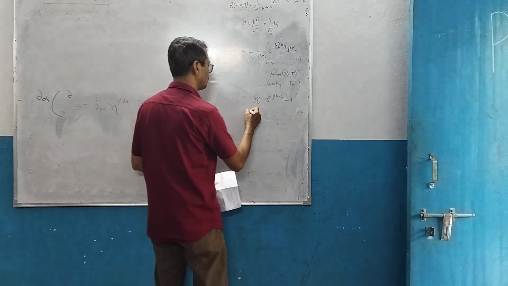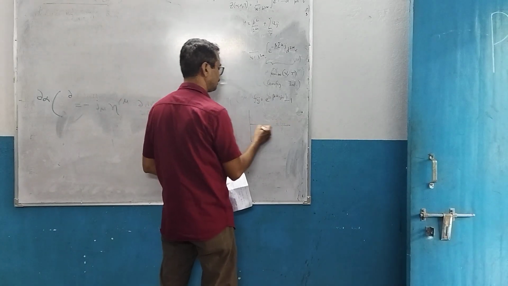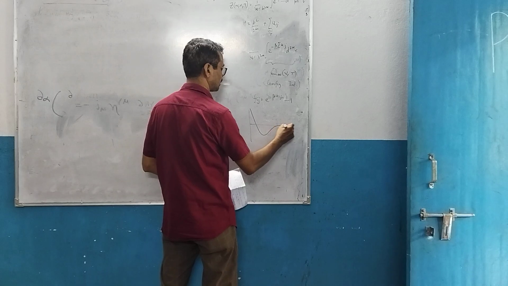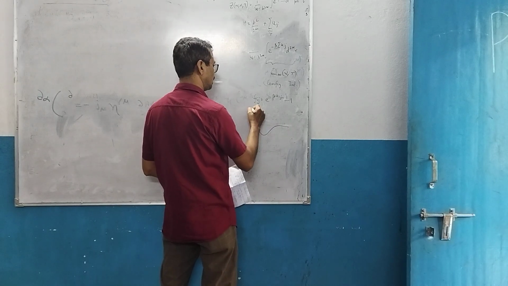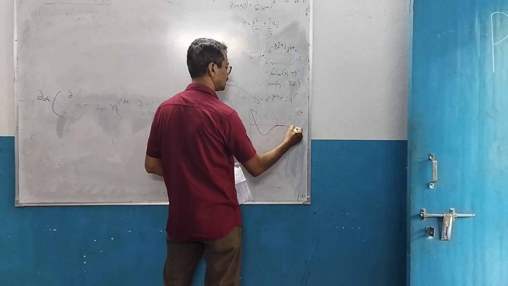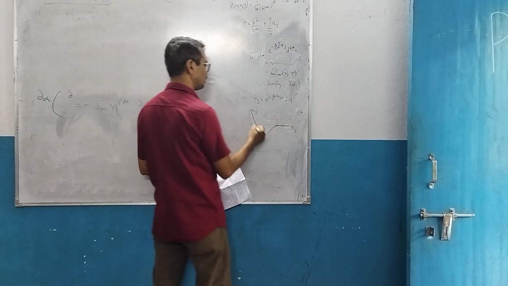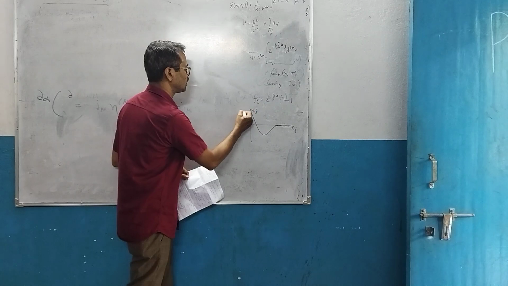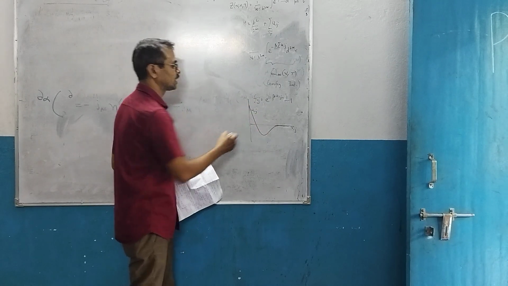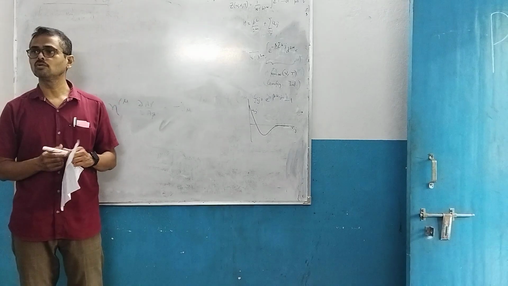Now, according to the Lennard-Jones potential, you have seen that this is the nature of u_ij, okay? If you plot it versus r_ij, so you can see that this u_ij tends to infinity as r_ij tends to 0.